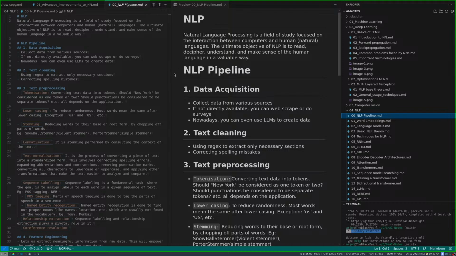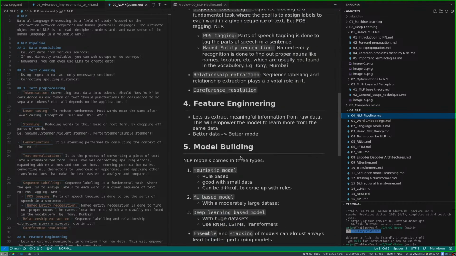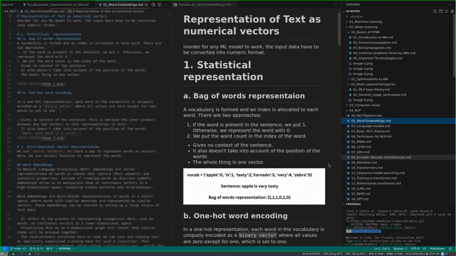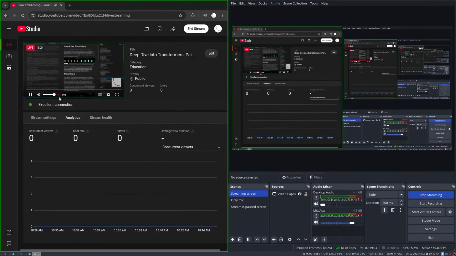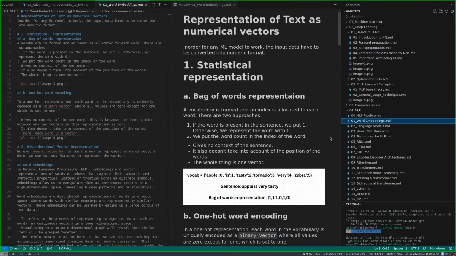NLP. I know what NLP is: data acquisition, and so on, feature engineering, evaluation. Now, word embedding: representation of text as numerical vectors. Statistical representation, bag of words representation. A vocabulary is formed.